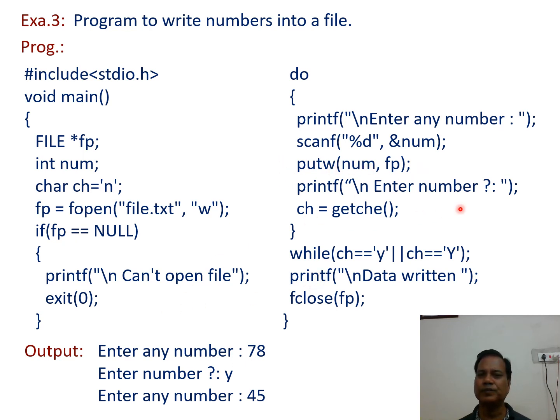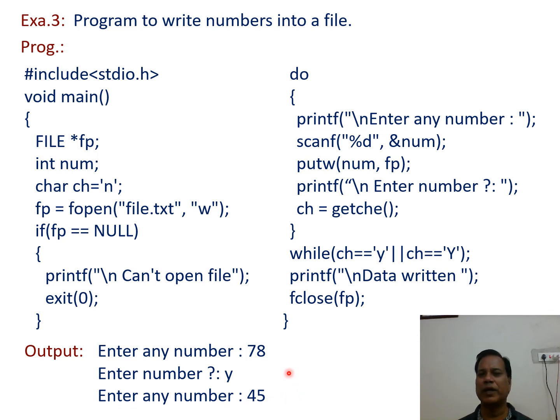Then at the prompt, if the user enters lowercase y or uppercase Y, yes, enter any number, then the next number 45 is taken in.